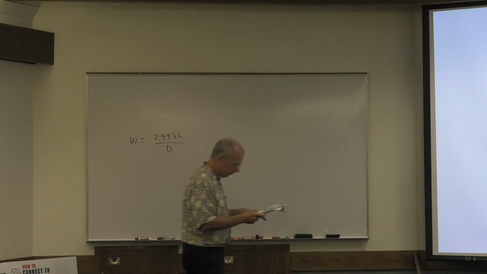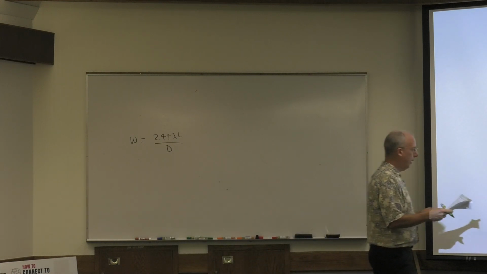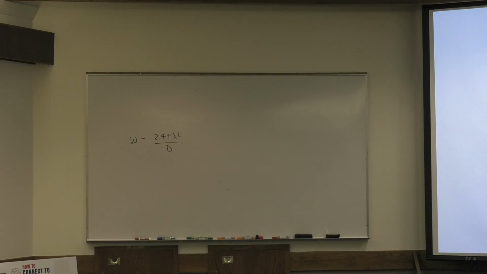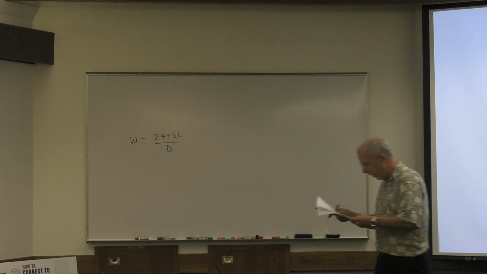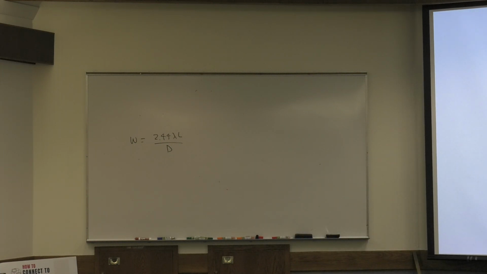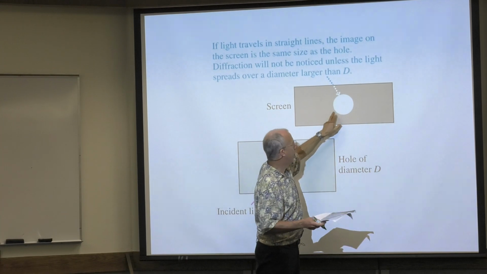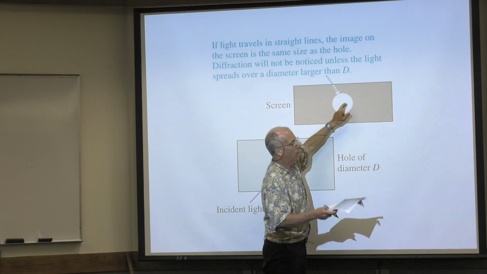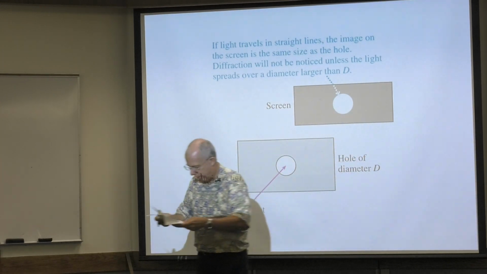So what we want to do is compare this to this, right? We want this diameter to be equal to that diameter. If the light is within this diameter, ray model. If the light is greater than this diameter, wave model. Simple as that.